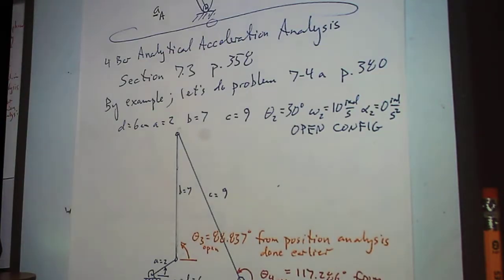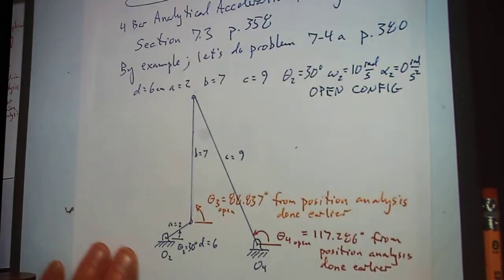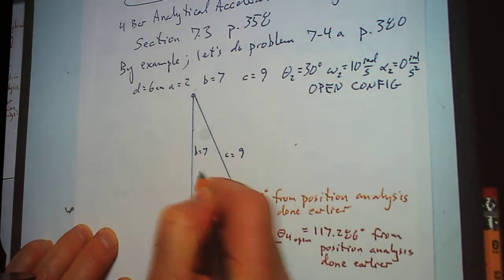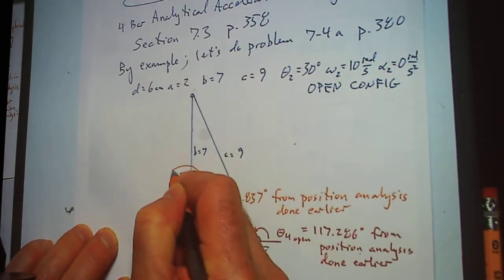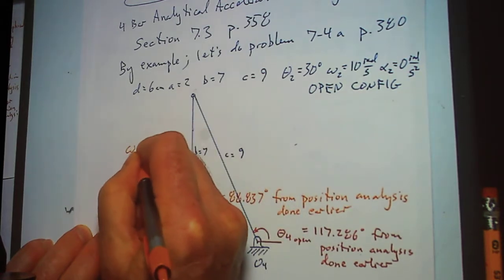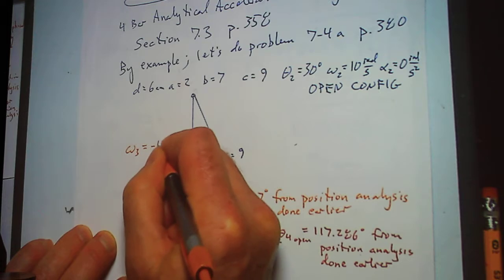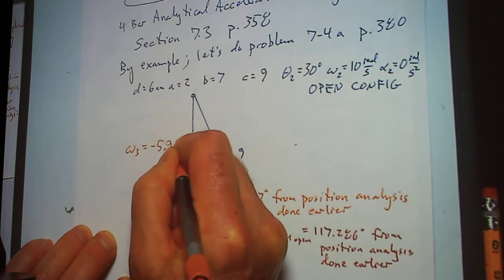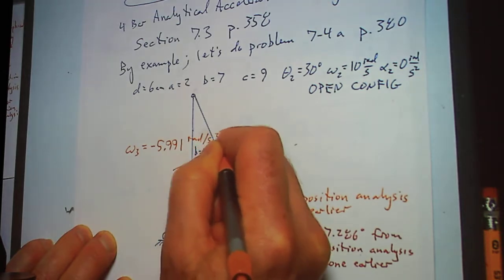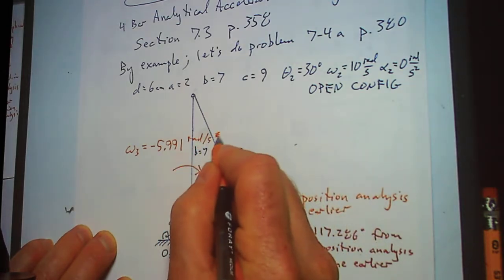I should have put this down. So go back to the previous page, and I have my omega 3 equals minus 5.991 radians per second, right?